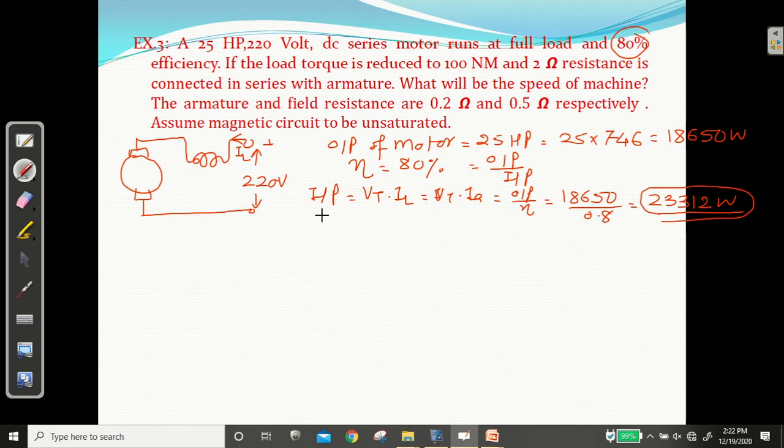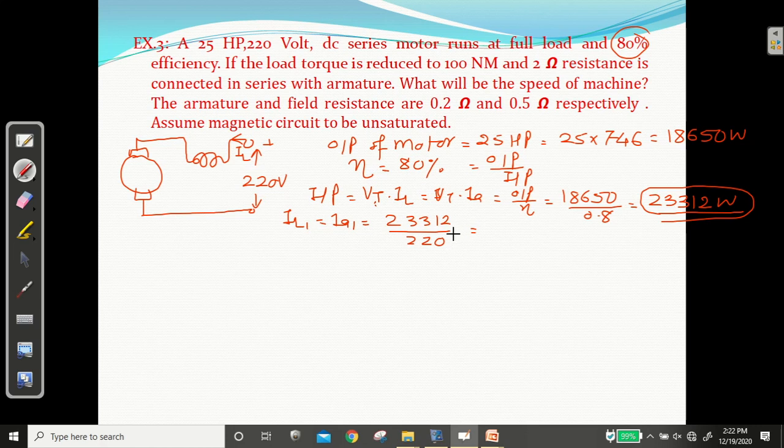From here you will get IL1 equal to IA1 equal to 23312 divided by VT. VT is 220. If you divide by 220, you will get the input armature current or IL1.